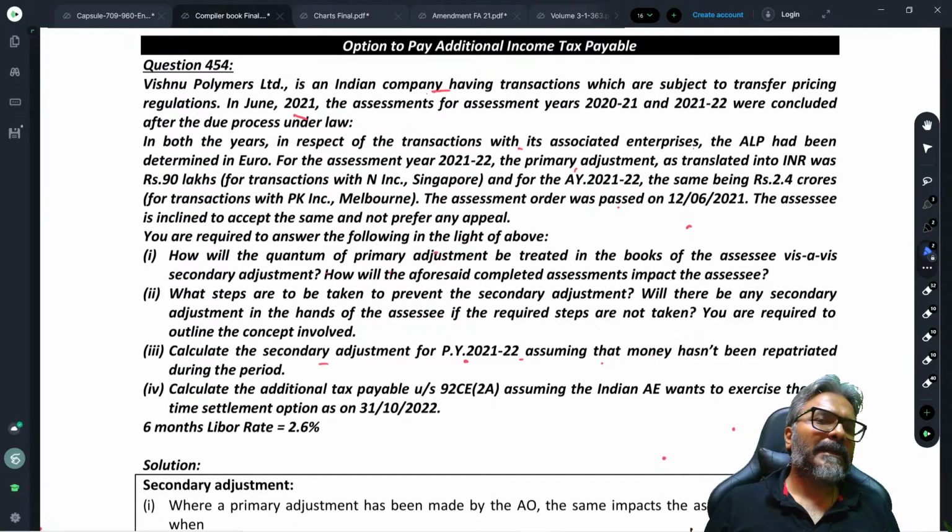Vishnu Polymers Limited is an Indian company having transactions which are subject to transfer pricing regulations.